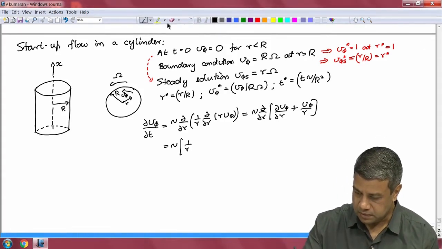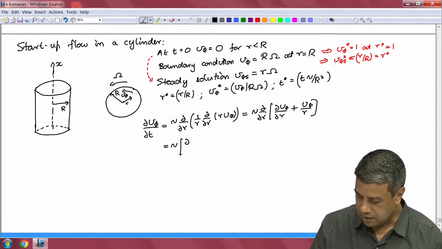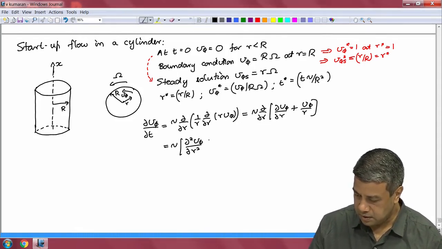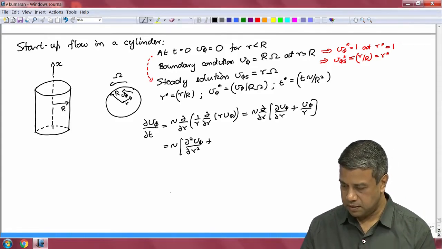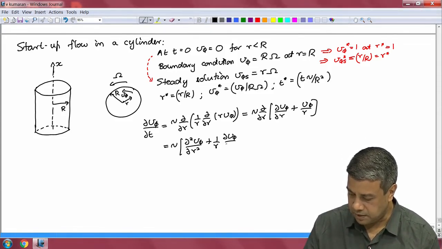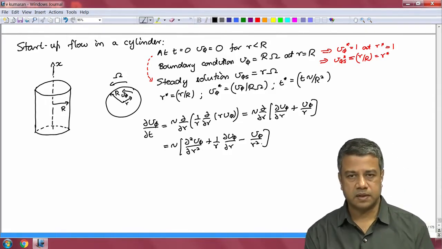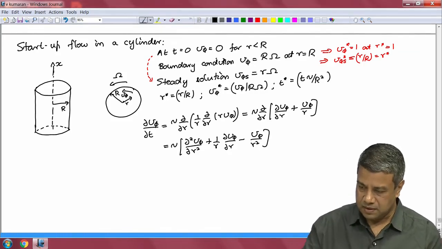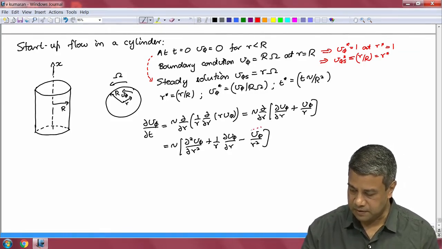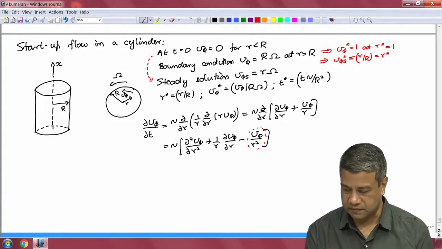So, this becomes d square v phi by dr square plus 1 by r dv phi by dr minus v phi by r square. That is the conservation equation in this case. Note that this term, which is present for the phi velocity, was not present earlier for the temperature and the concentration fields.